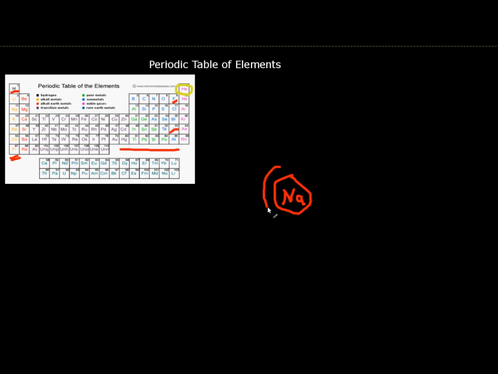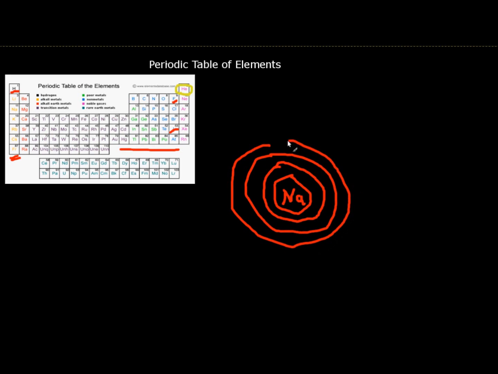Its configuration is 2, 8, 1. As you know, 2, 8, 1 means it has 11 electrons, and therefore it has 11 protons as well. So the electrostatic force between the two, you could say, is 11 units. Each pair of 1 electron, 1 proton would count as 1 unit.